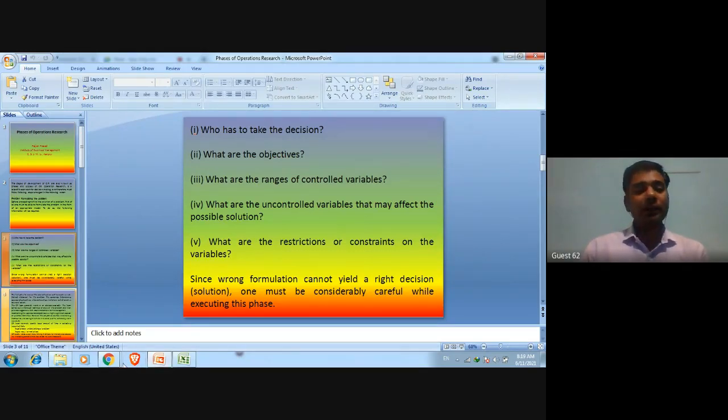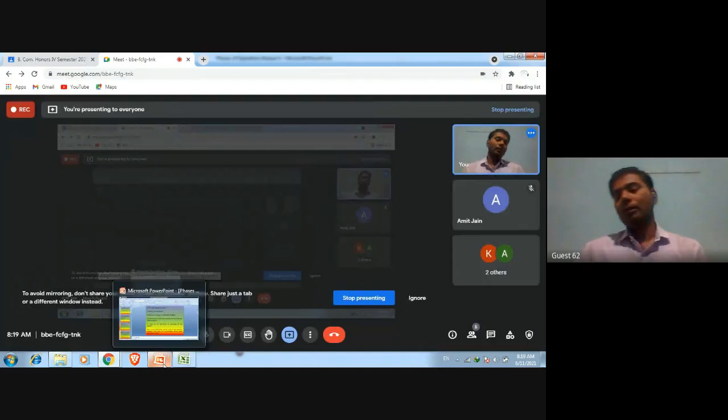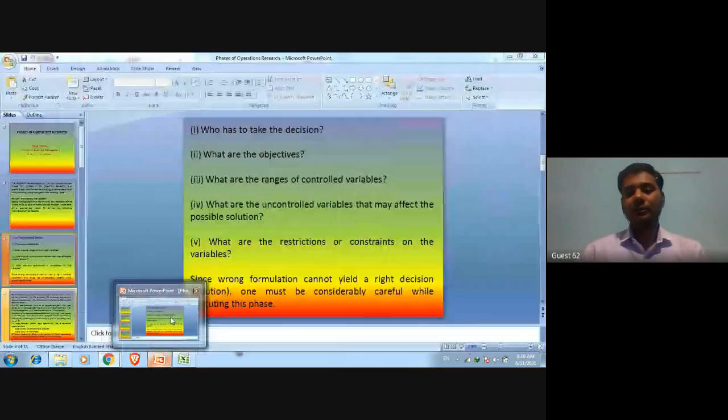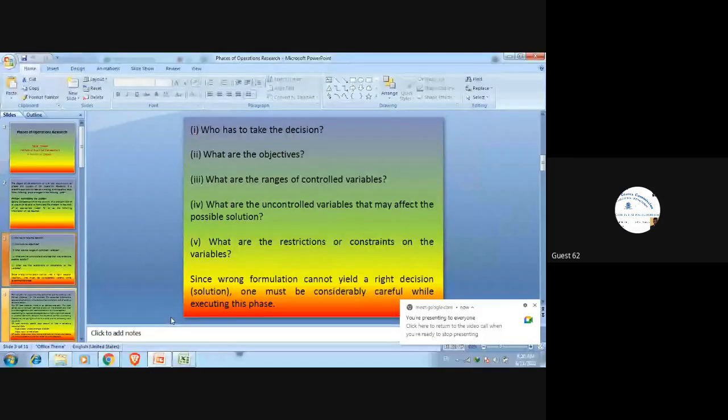But if the prices of raw material have increased, you cannot control this price. You have to purchase.